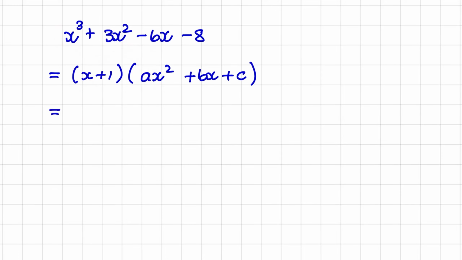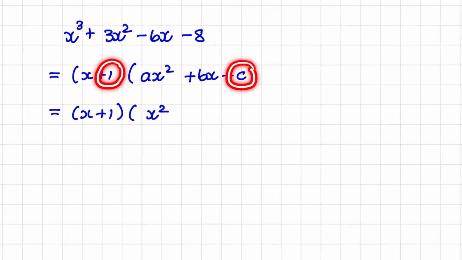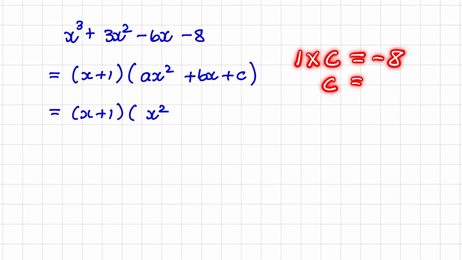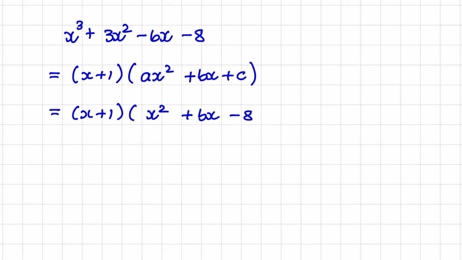So therefore the value of a would be equal to 1. Then for now we are going to skip the value of b, and we are moving on to the value of c. So if I multiply plus 1 with plus c, it must lead to negative 8. Therefore c would be equal to negative 8. So in my bracket I have plus bx minus 8.